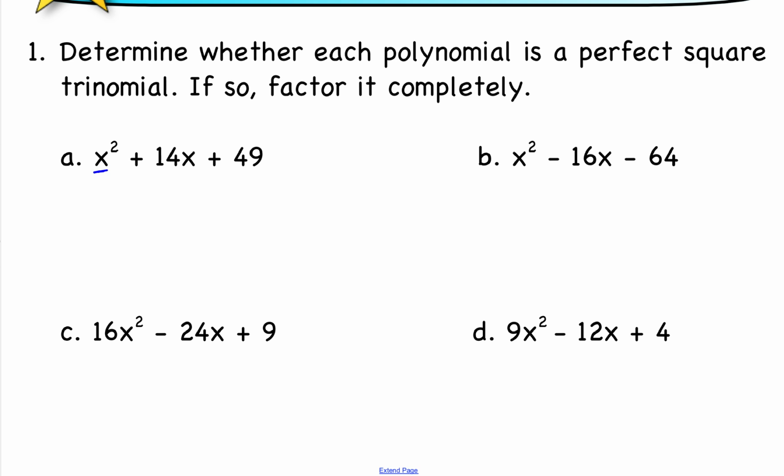Well, we can see that the first term is a perfect square and the last term is a perfect square. And this last term, if we take the square root of 49, we would get 7, right? So the thing we need to ask ourselves: if we multiply 7 times x and double it, do we get 14x? And we do.